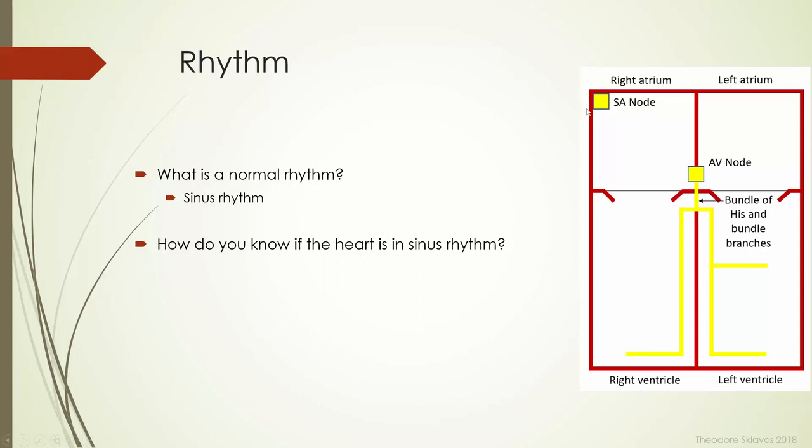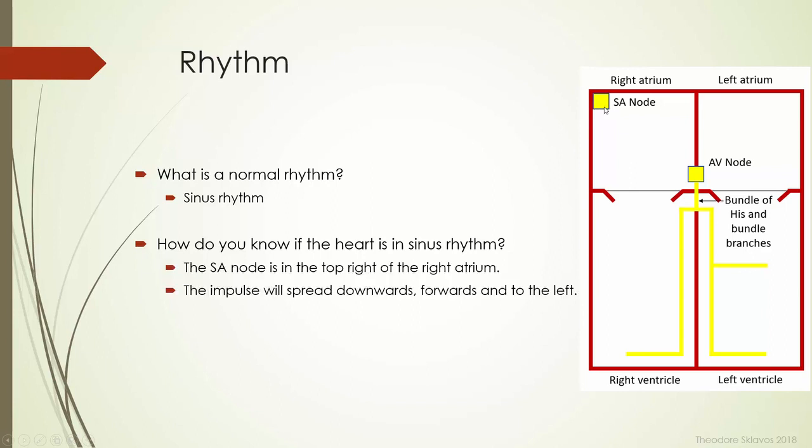Now, we've already said sinus rhythm means the action potential is starting from the sinus node, okay? Now, if the action potential starts here, then it should spread down and to the left. Now, if you remember where your leads are placed, lead 2 is placed down and to the left. AVR is placed up here. So, if the action potential starts at the sinus node, it should spread down and to the left, directly towards lead 2.